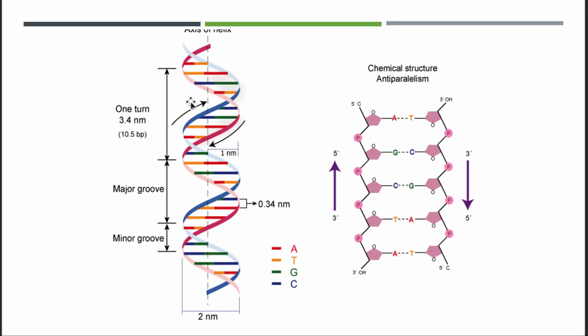So roughly 1 turn or 1 pitch of the DNA has 10 base pairs. The distance between the 2 base pairs is found to be 0.34 nanometer, and the diameter of the DNA helix is found to be 2 nanometer.